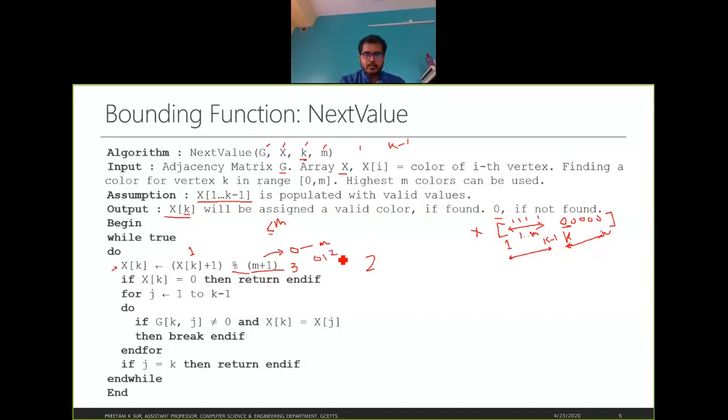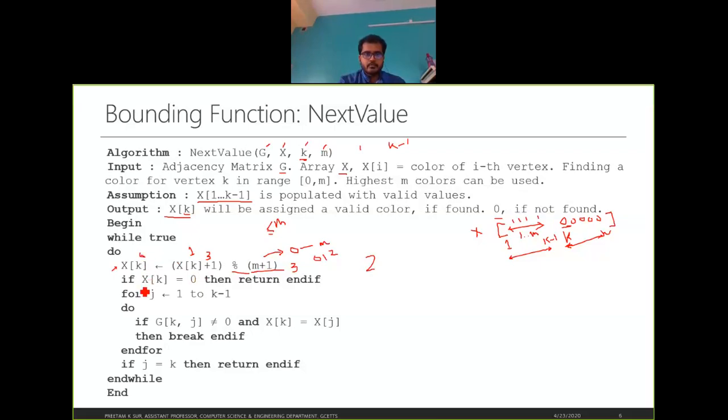Here we start with 1, 1 modulo 3 is 1. In the next iteration, 2 modulo 3 is 2. So the valid colors are 1 and 2. In the next iteration it becomes 2 plus 1, 3, and 3 modulo 3 will be 0. So xk will be 0.